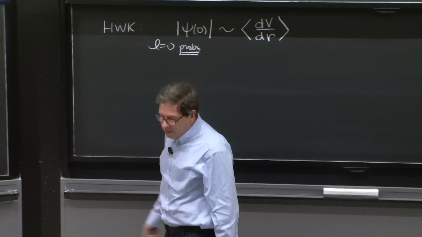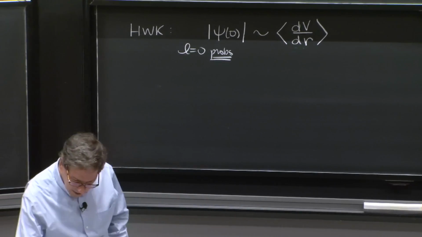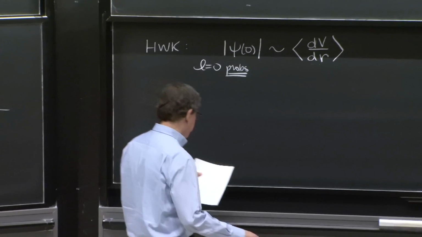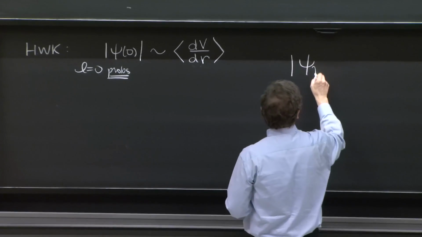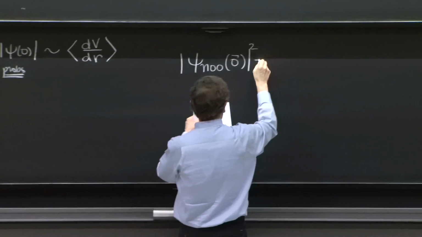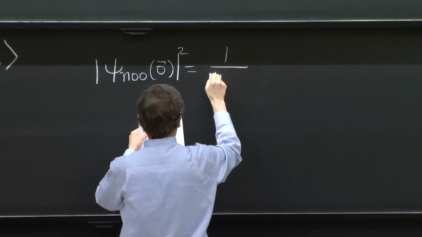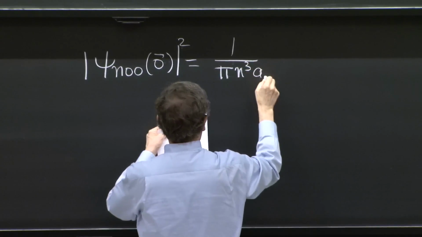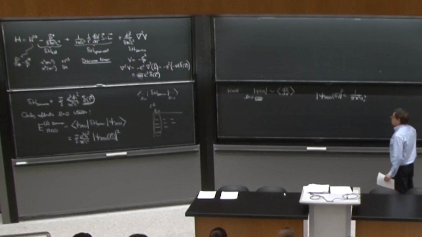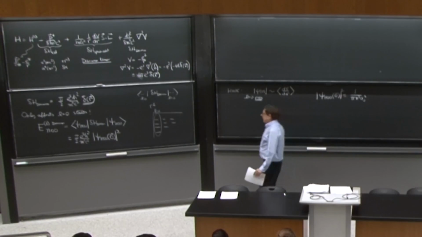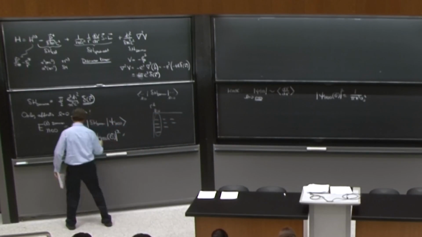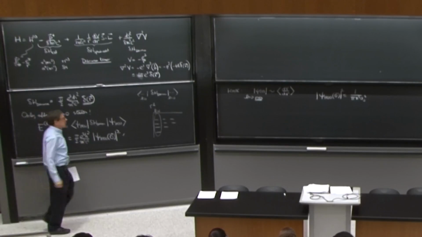So the end result is that this term is calculable, and psi of n 0, 0 at the origin squared is actually 1 over pi n cubed a0 cubed. With that in, one can substitute this value and get the Darwin correction.